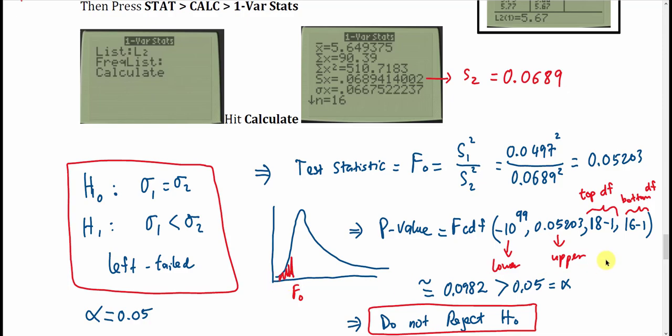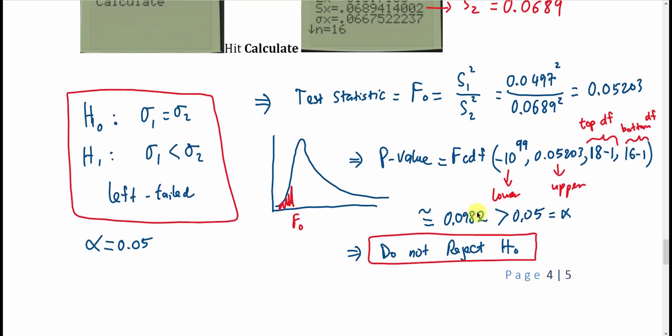We go all the way up to the test statistic, 0.5 something, and then the next one is the degrees of freedom of sample 1, which is the one on top, and that's 18 data points, subtract 1. And the bottom is the degrees of freedom for sample 2, which is S2, which is 16 data points, subtract 1.